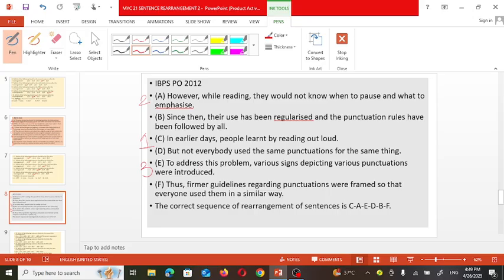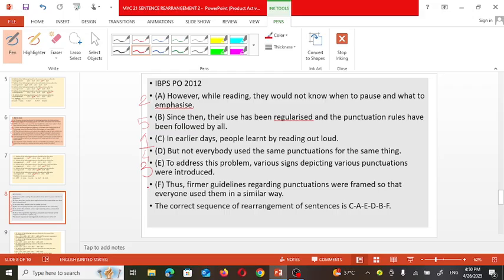Then what happened? The fourth sentence will be: but not everyone uses the same punctuation for the same things. Then the next sentence which can support it: since then, their use has been regularized and punctuation rules have been followed by all.